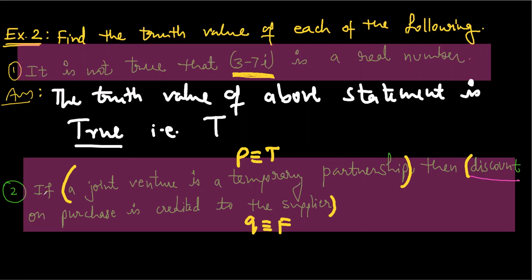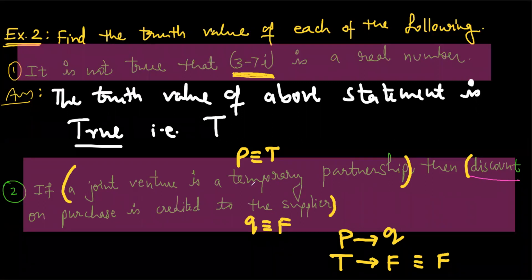So here I have if P then Q. So it is P implication Q, that is true implies false, and you know the law, if true implies false, then it is false. So the truth value of this is false. What is the truth value of the second question? It is false.